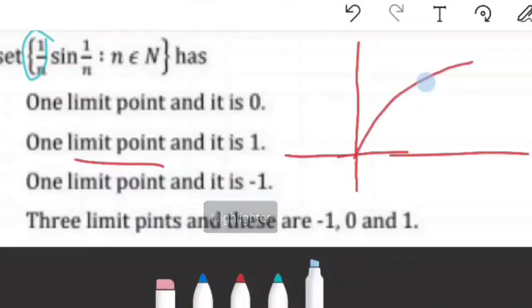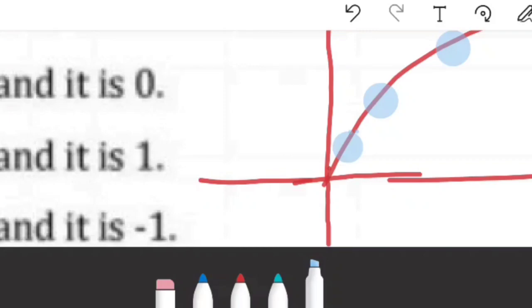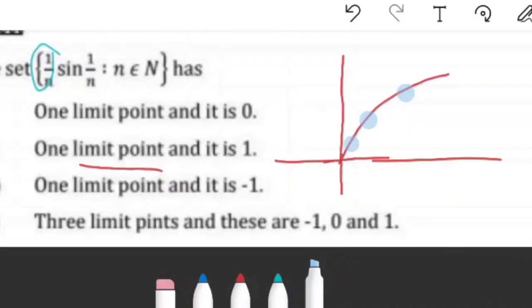So this is my first term, second term, third term, fourth term, and so on. Ultimately, your sequence is just approaching 0.